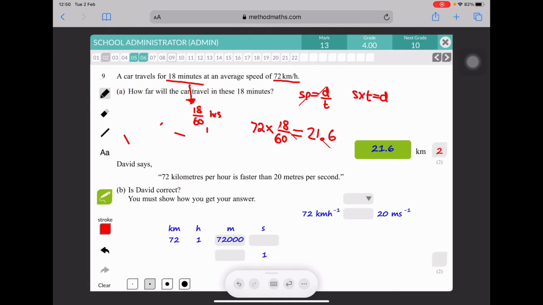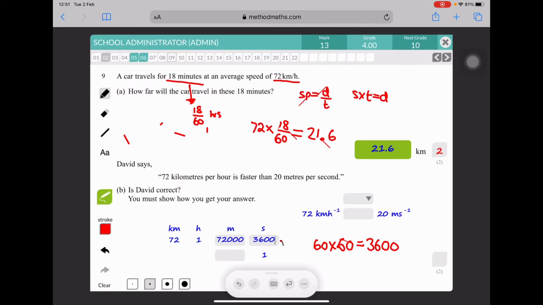So in an hour there are 60 minutes. Multiplied, in each minute there are 60 seconds. So multiplied by 60 again. So that's 3600. So saying 72 kilometers per hour is the same as 72,000 meters per 3,600 seconds.